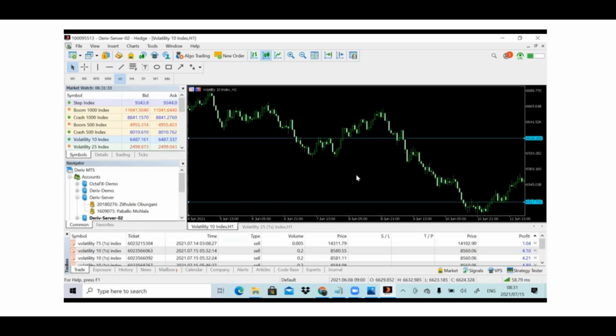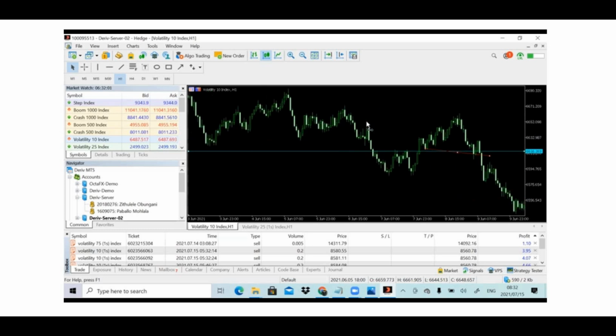You have a horizontal line there, then you have the head, and this small one there. Then you use your left armpit and your right armpit. That means your neckline and the horizontal line are complementing each other.